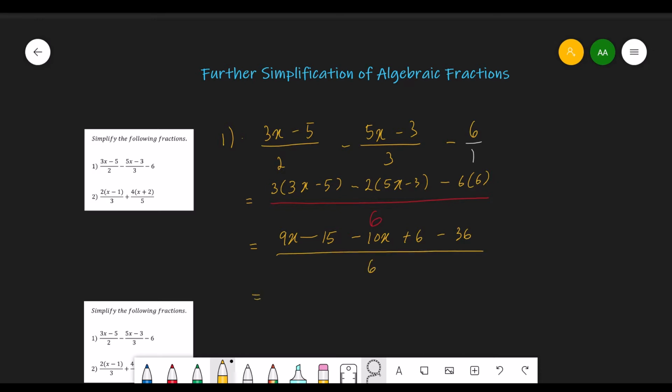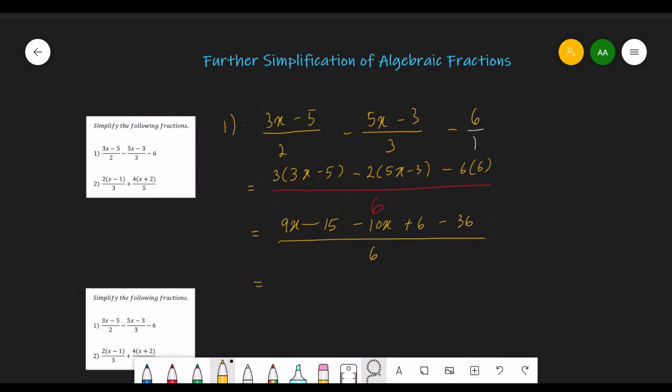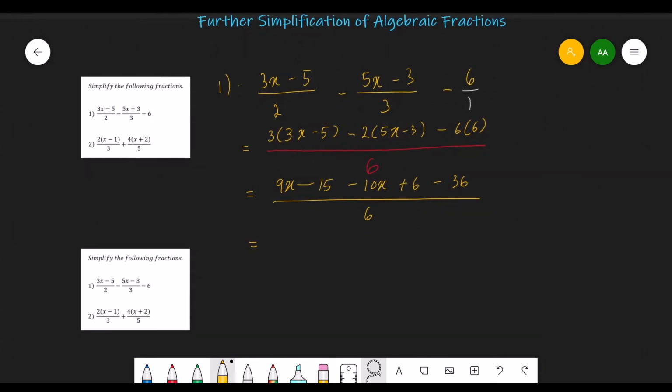Now we just simplify our numerator. 9 minus 10 is negative x. Negative x, minus 15 plus 6 becomes minus 9, then minus 36 makes minus 45. So minus 45 over 6. Not much difference, just that there are more fractions that we need to deal with.